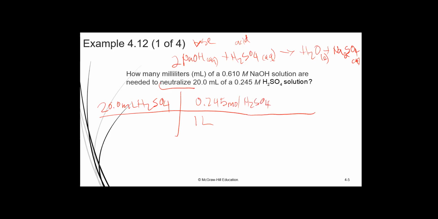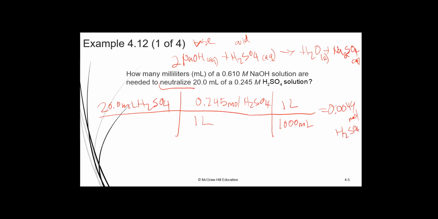Now, so far our units won't cancel, so we've got to get our milliliters into liters. So 1 liter is 1,000 milliliters. And now we know that inside that sample, we have 0.245 times 20.0 divided by 1,000. We have 0.0049 moles of our sulfuric acid.